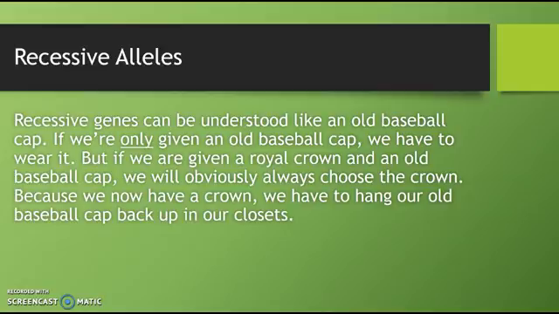If we're only given the old baseball cap, we have to wear it. But if we were given both a royal crown and an old baseball cap, we will obviously always choose the crown. But now that we have a crown, we just hang up our old baseball cap back into the closet. And that's kind of just a representation of how to understand recessive alleles.